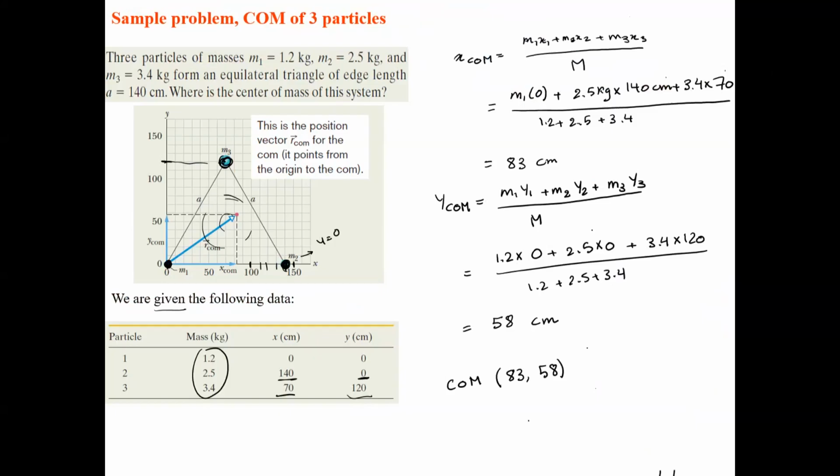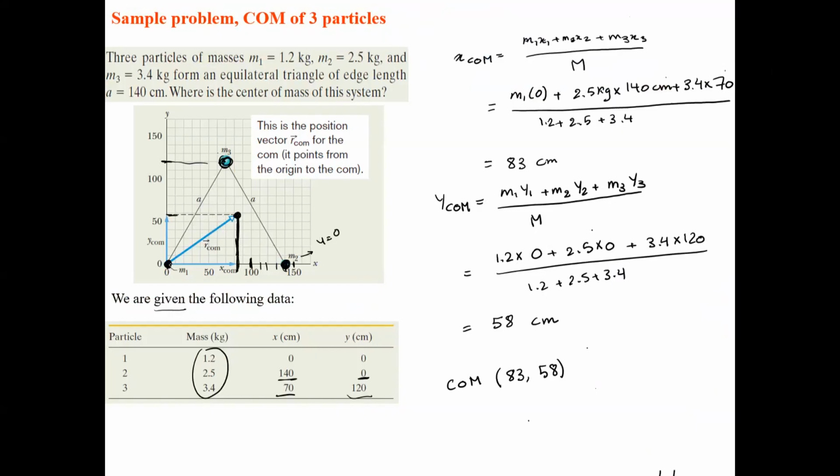I can locate that, by the way. This is 100. 83 is somewhere here. So this is x, and the y component is at 58. Here it is. So the center of mass of this triangle is somewhere here. It's a bit shifted upwards over here. Why?